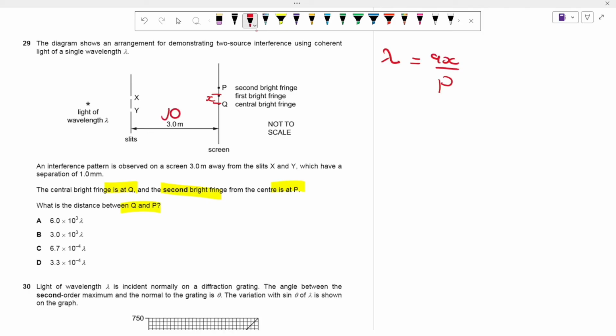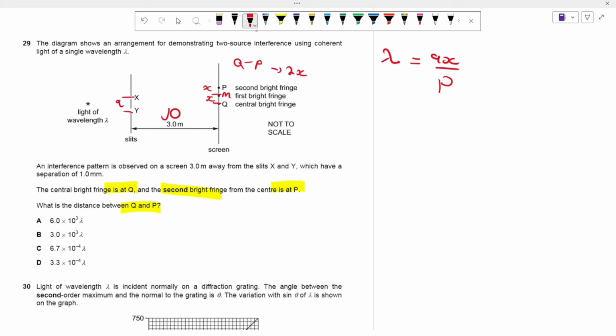Our a is basically this distance between the two slits. Then our lambda is essentially just our wavelength, right? So if you want to find the x, which is just between Q and this midpoint, let's just say M, right, that will be x. Then if you want to go from M to P, that would be another x. So it means that from Q to P, that is basically 2x.